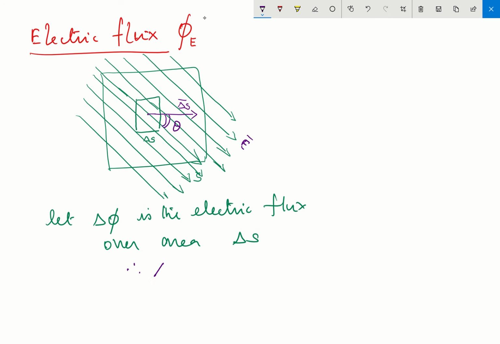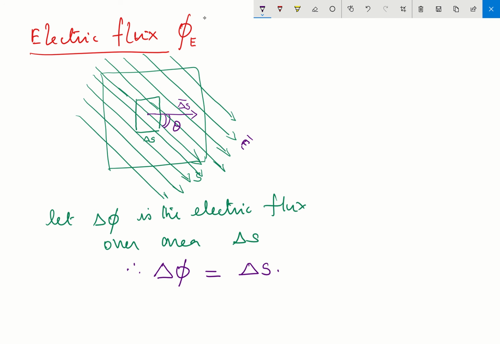Therefore, how to write delta phi? Delta phi is equal to the product of the area element, the small area I have taken, and the component of electric field in the direction of the area vector.